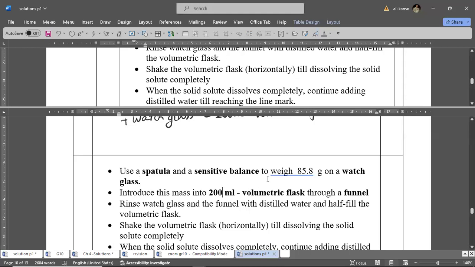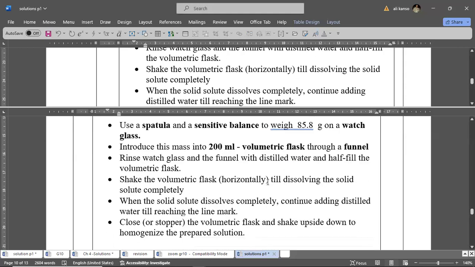First of all, we weigh the salt. Second, we introduce it into the volumetric flask. You know what a volumetric flask is? Then we rinse the watch glass where we weighed and the funnel with distilled water and half fill the volumetric flask. Last time you watched the video about this preparation.